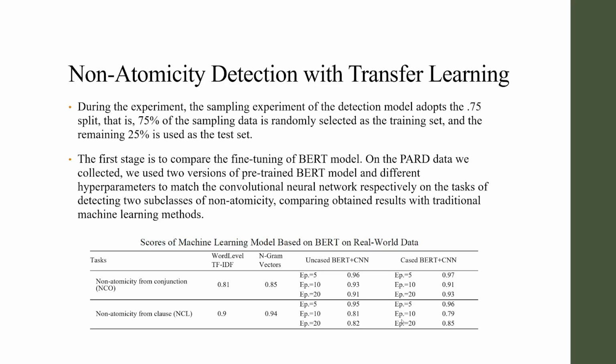It can be seen that when it comes to non-atomicity caused by complex sentence structures, using machine learning models for detection is much better than rule-based detection models. Among them, the model based on a convolutional neural network with appropriate hyperparameter settings has the most outstanding performance. But if the hyperparameters are not properly set, there will also be obvious overfitting.